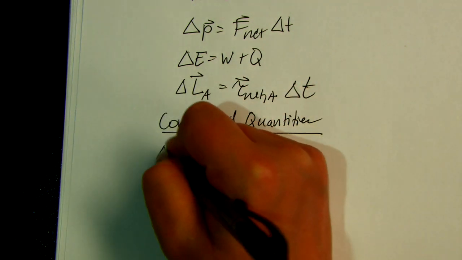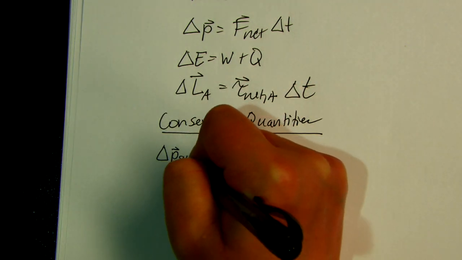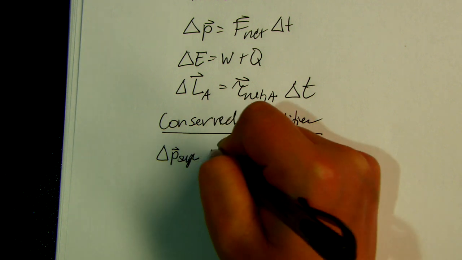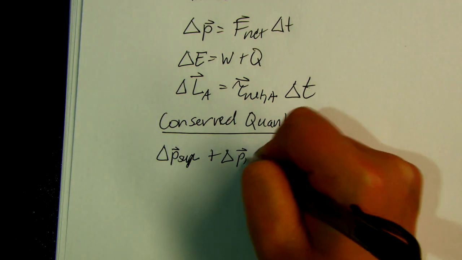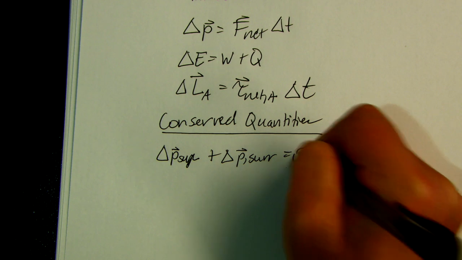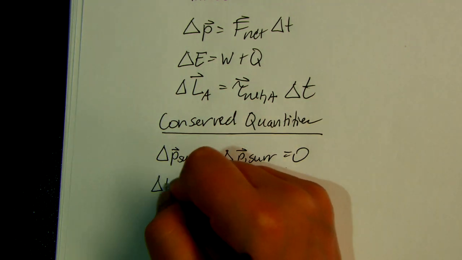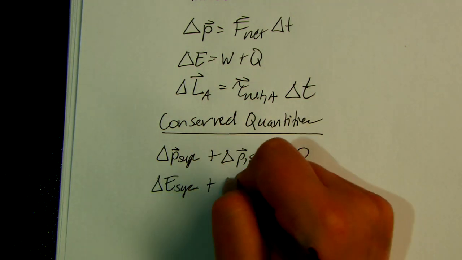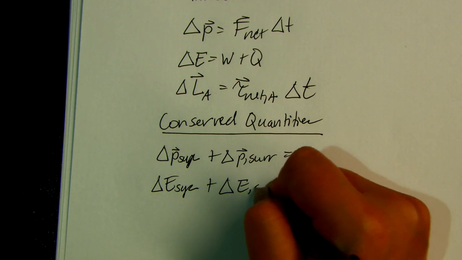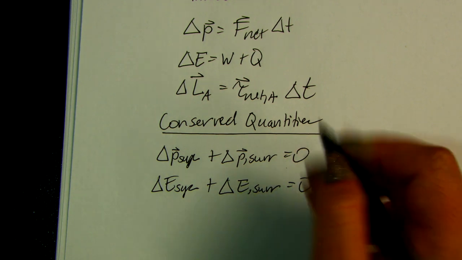Okay, so the change of momentum of a system plus the change in momentum from the surroundings is equal to 0. The change in energy of the system plus the change in energy from the surroundings is equal to 0.